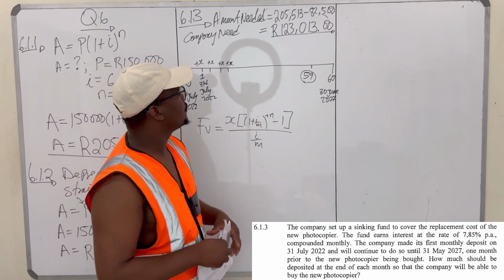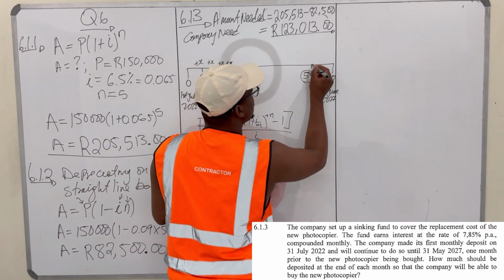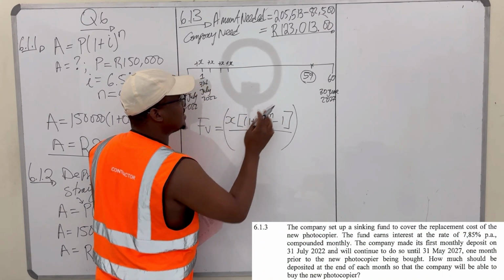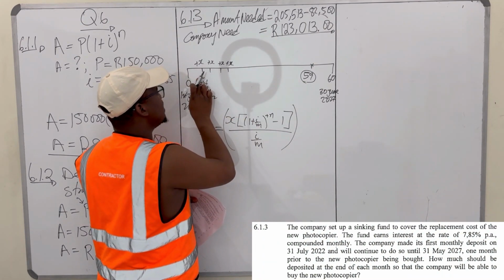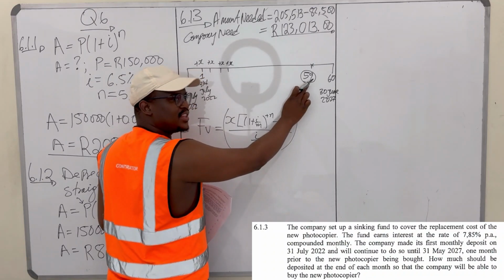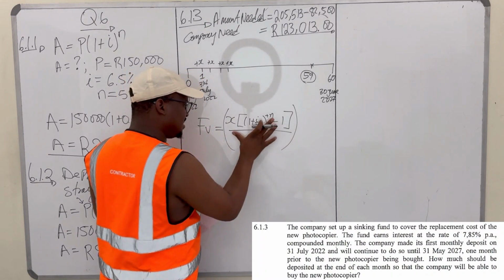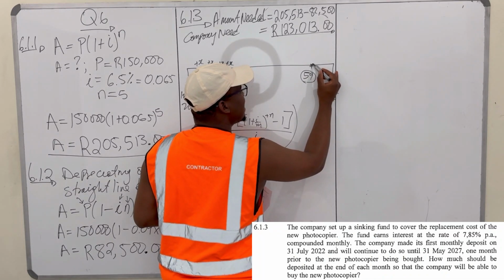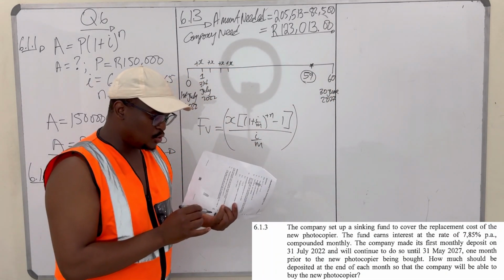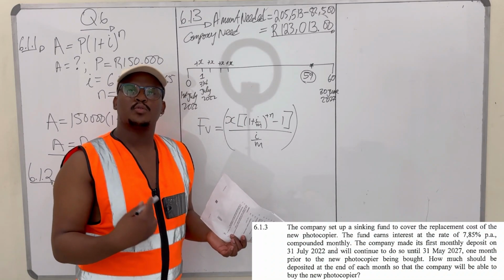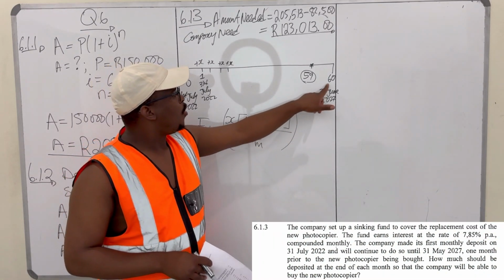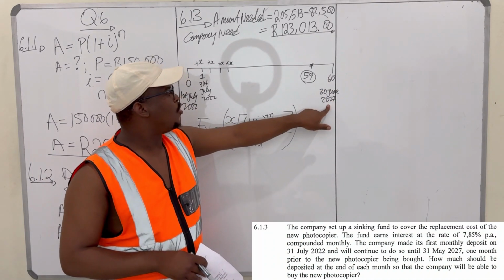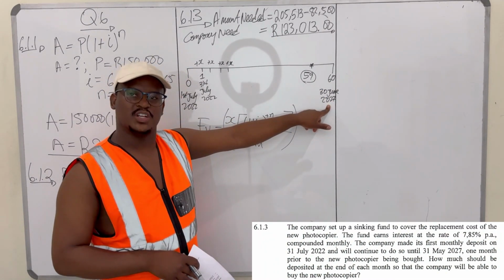So, but after he made his deposit here, right? This entire amount that he had deposited into the account from the 31st of July to the 31st of May is this amount here. So after he made that last deposit, that amount was not instantly used. It was not used because it was scheduled to be used on the 60th month, which means on the 30th of June 2027.